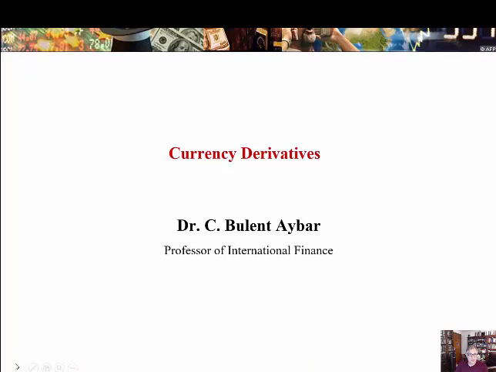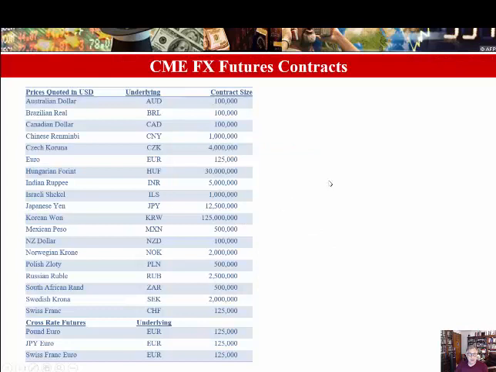Before we go deep, I just want to go through this table where we have Chicago Mercantile Exchange FX futures contracts. As you see, there are multitudes of contracts on a range of currencies, from Australian dollar to Hungarian forint.